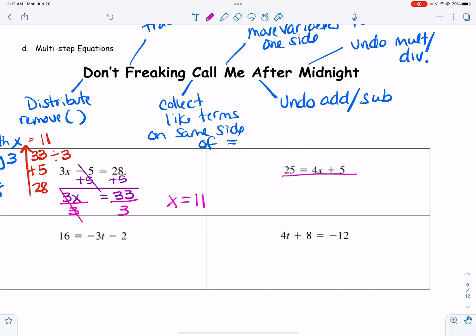So I am going to draw my line. I'm going to subtract 5 first. That goes to 0. I'm left with 4x is equal to 20. And then I must divide by the number in front of the x. That gives me 1x, and 20 divided by 4 is 5.